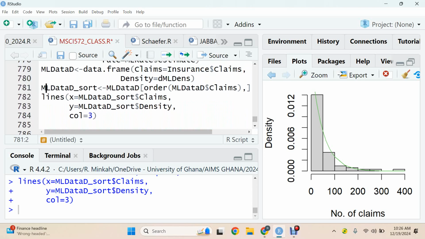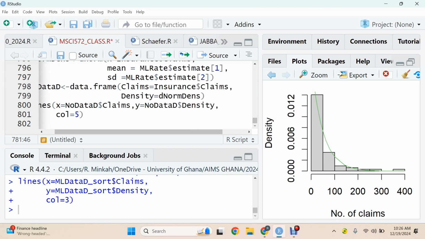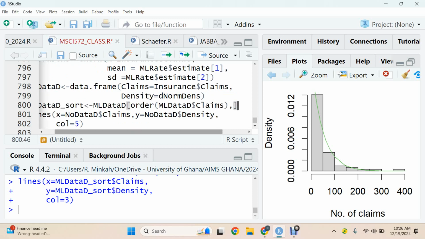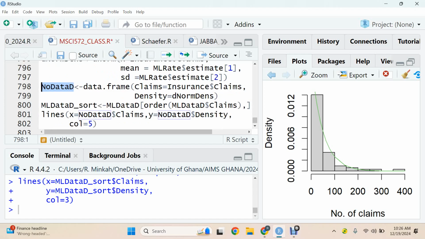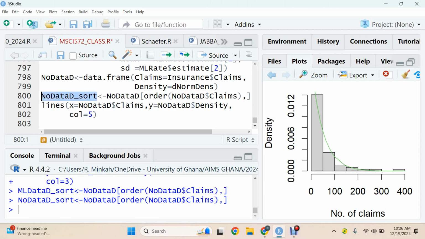Once I organize it, we are sorting this. We replace that one with that. Oh, I did not change the name.